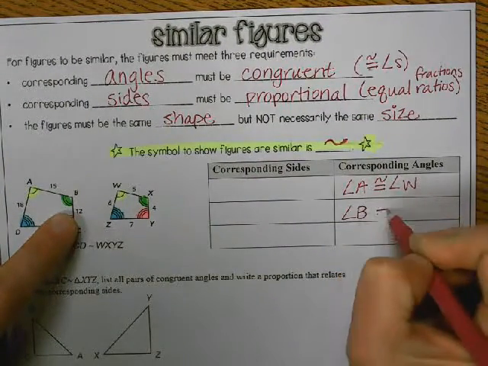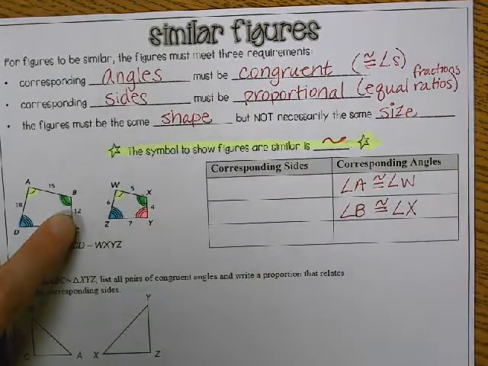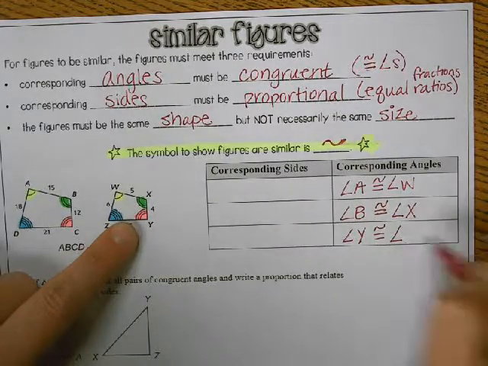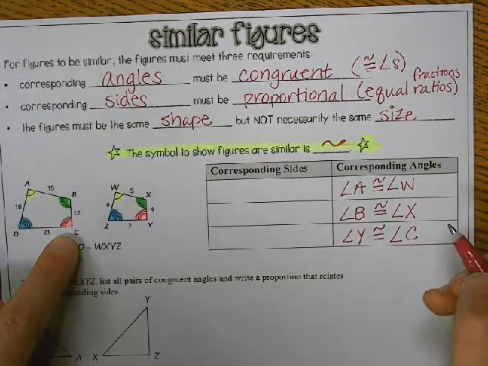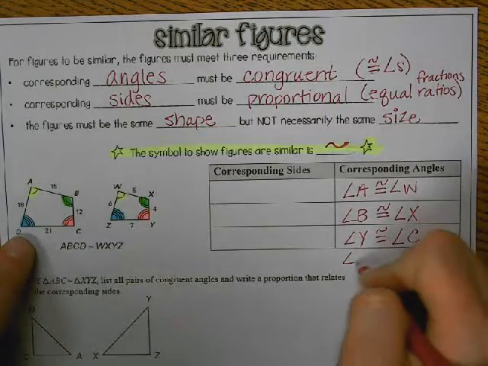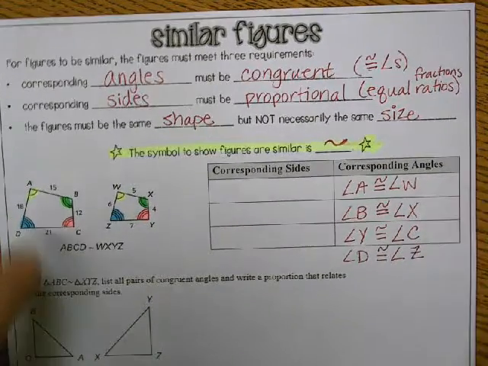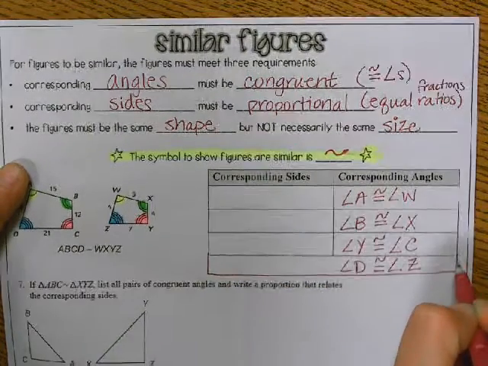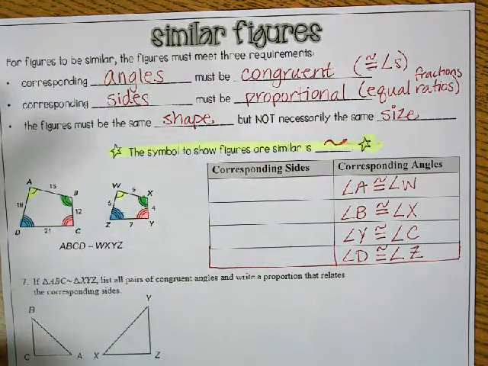Angle B is congruent to angle X. Angle Y is congruent to angle C. Whoops, I put that out of order, but it doesn't matter. And then the last one, angle D, is congruent to angle Z. Okay, so those are my corresponding angles.